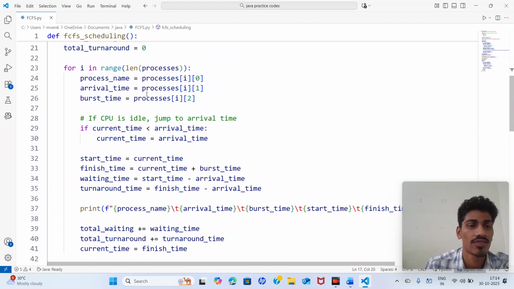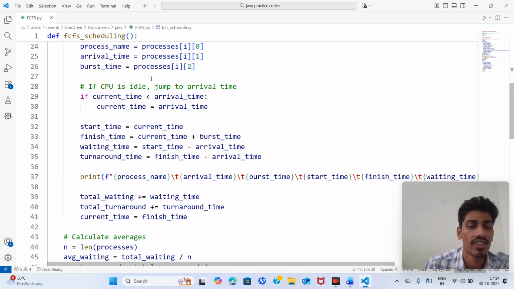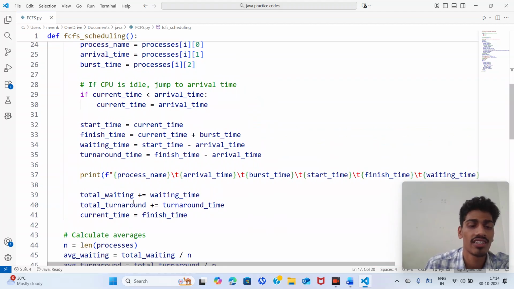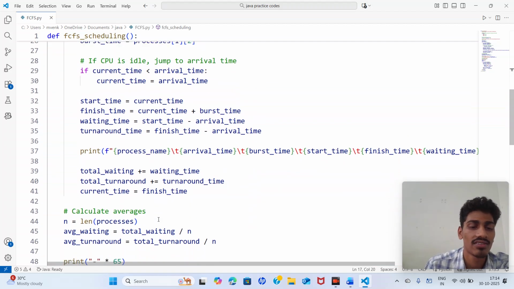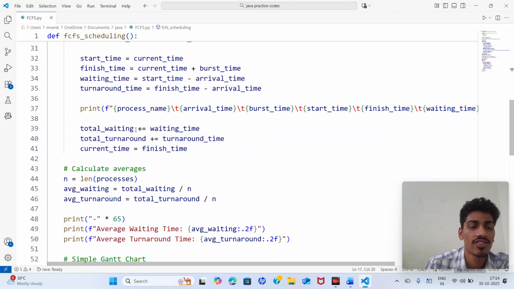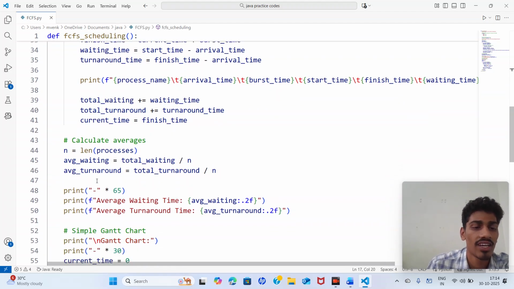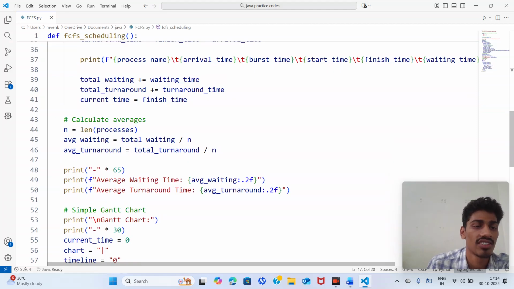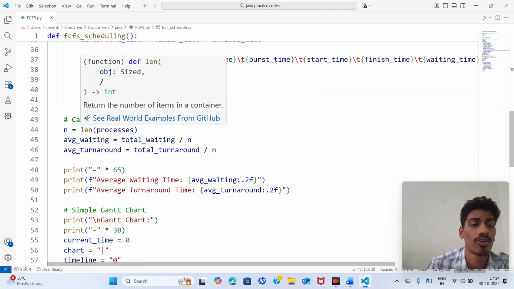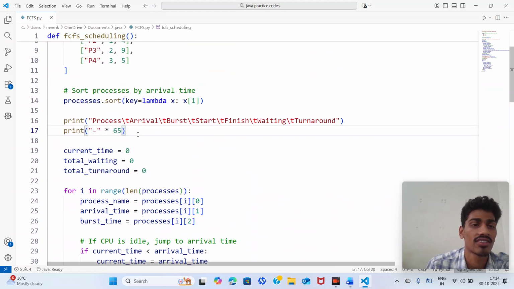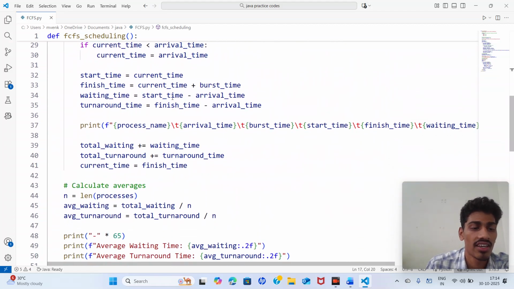Now we calculate the total waiting time, which is total waiting time plus equals waiting time. As we are in this for loop, after every iteration the total waiting time is calculated. After calculating the total waiting time, turnaround time, and the current time, we calculate the averages, where n is the length of the process list.